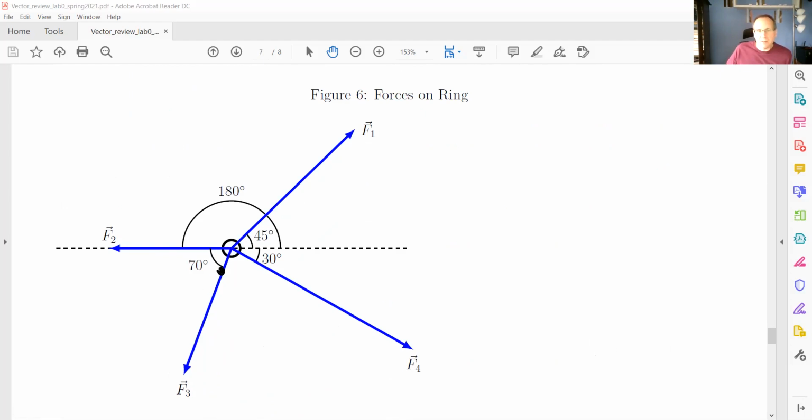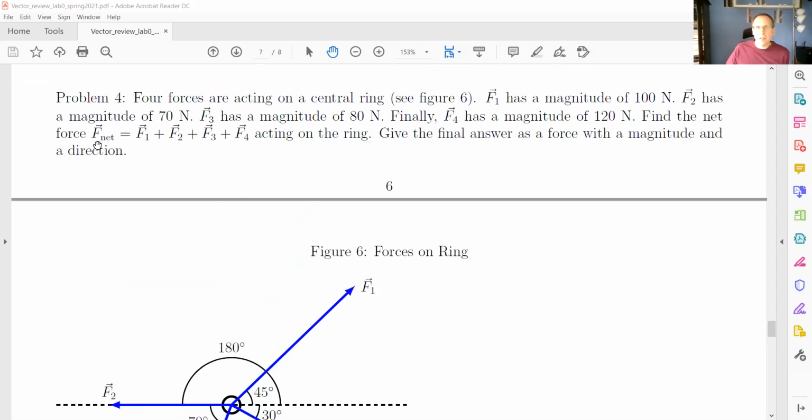F3 is 70 degrees below the negative x-axis, and F4 is 30 degrees below the positive x-axis. So what I want you to do is add those 4 forces together. So find the net force, which is F1 plus F2 plus F3 plus F4. And again, give your answer as a magnitude and a direction.